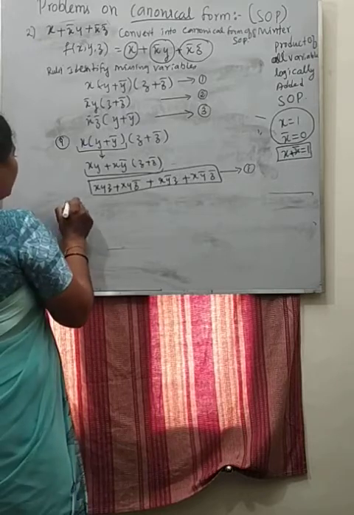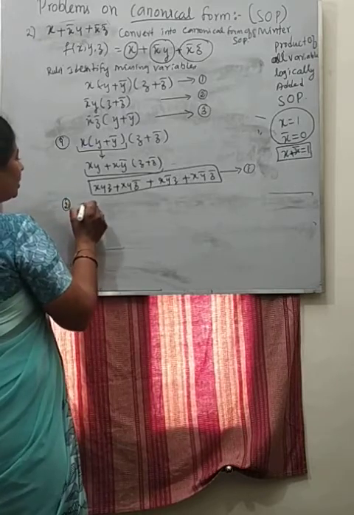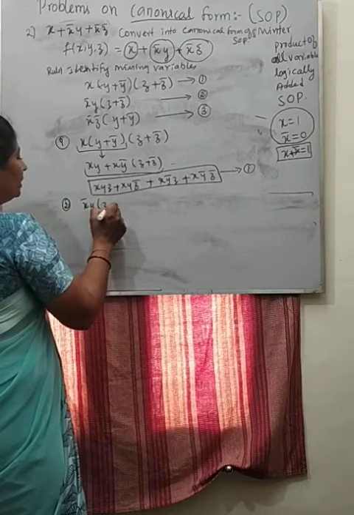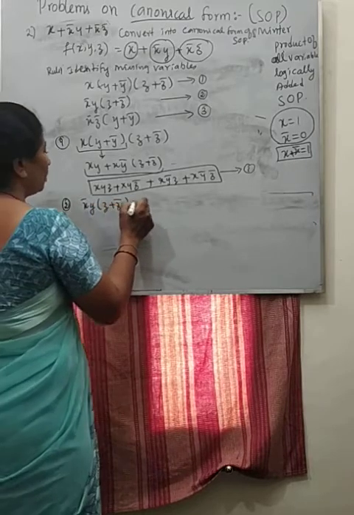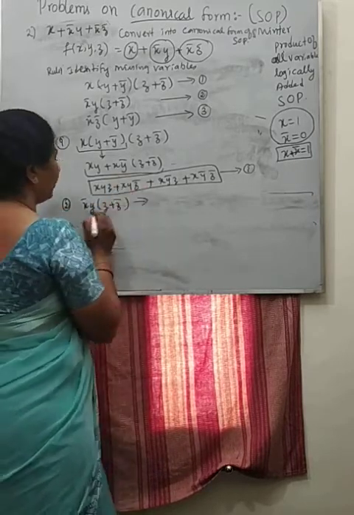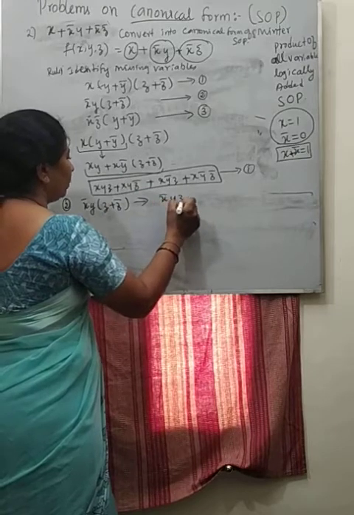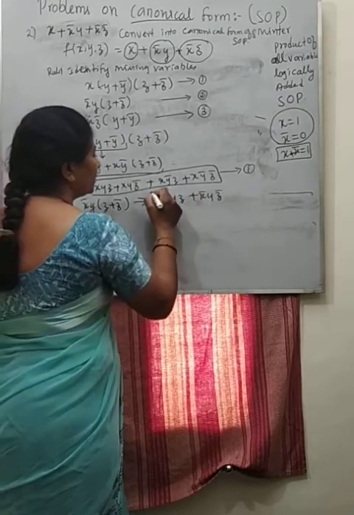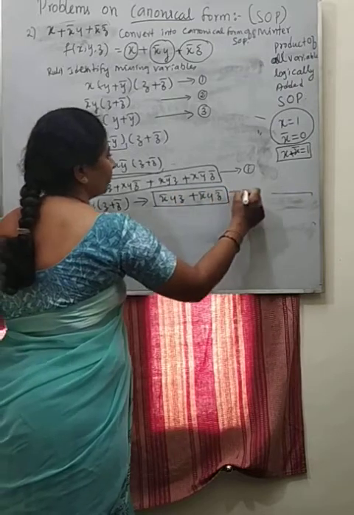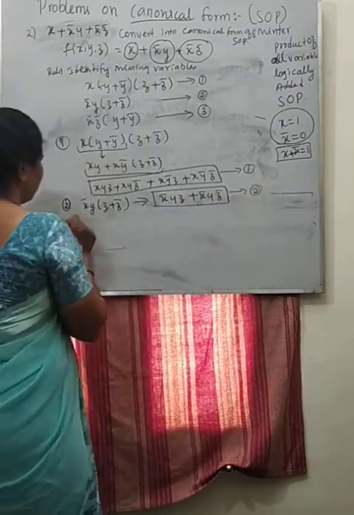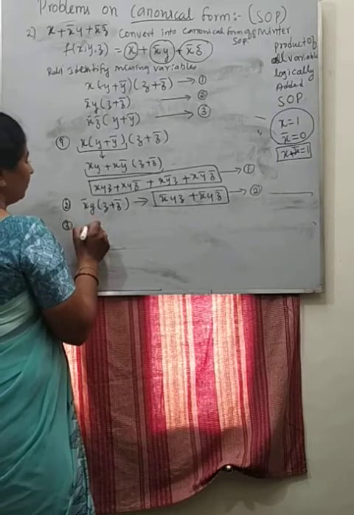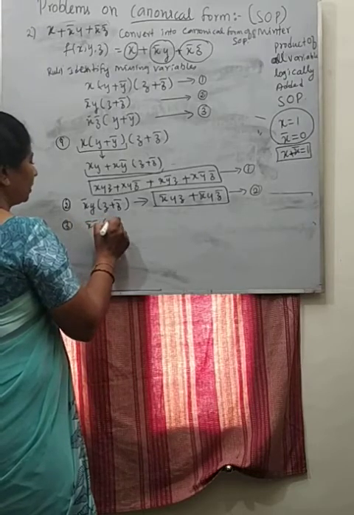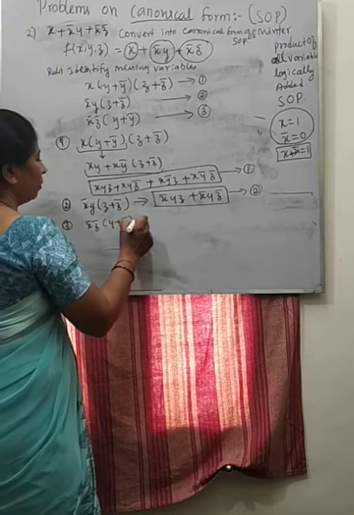Then according to your second equation, x complement y, z plus z complement, what you will get? Only 2 terms: x complement yz plus x complement yz complement. This is your second equation. Third equation, x complement z complement, y plus y complement.